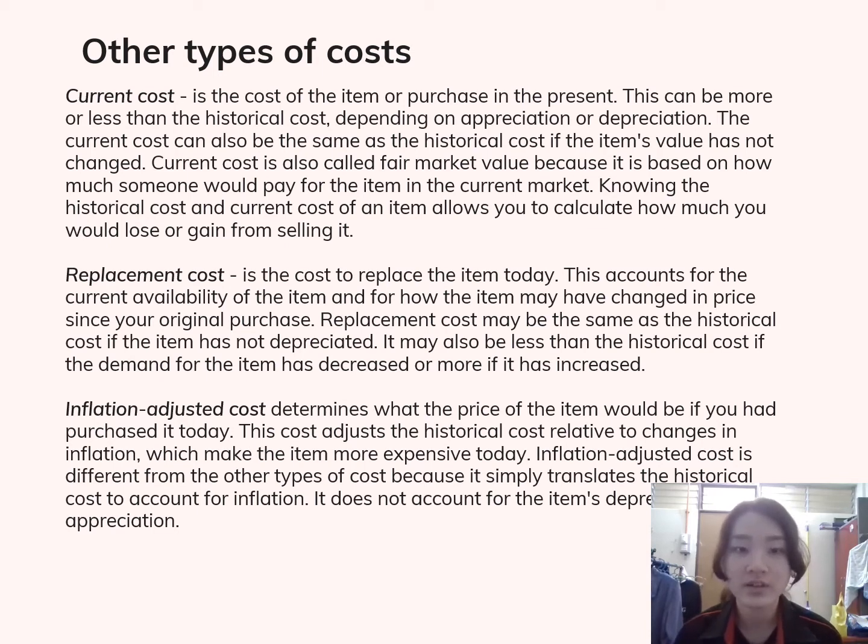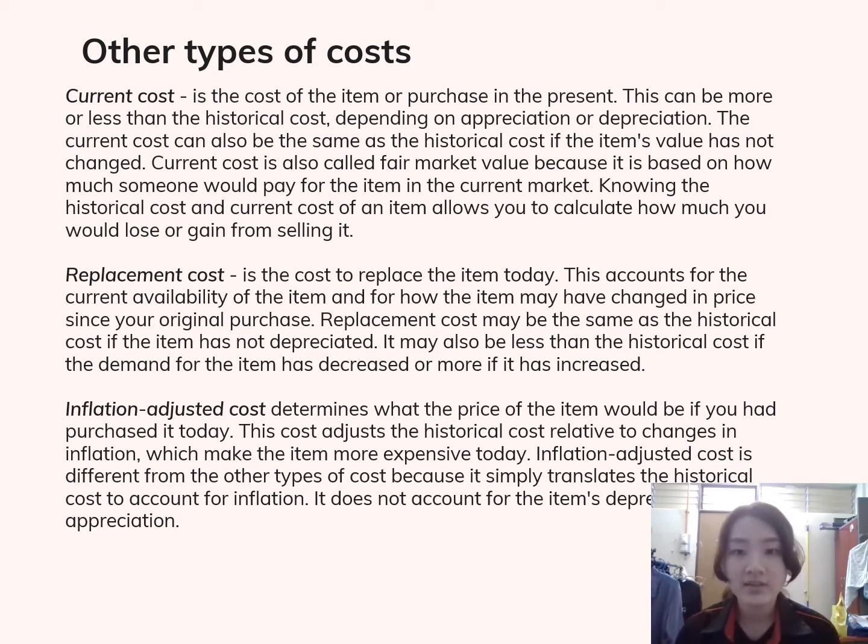Current cost is also called fair market value because it is based on how much someone would pay for the item in the current market. Knowing the historical cost and current cost of an item allows you to calculate how much you lost or gained from selling it. The replacement cost is the cost to replace the item today.